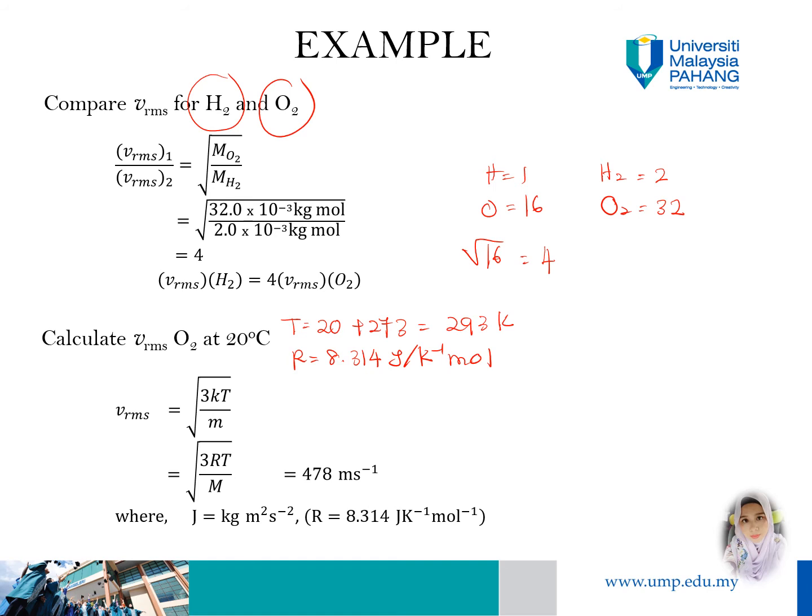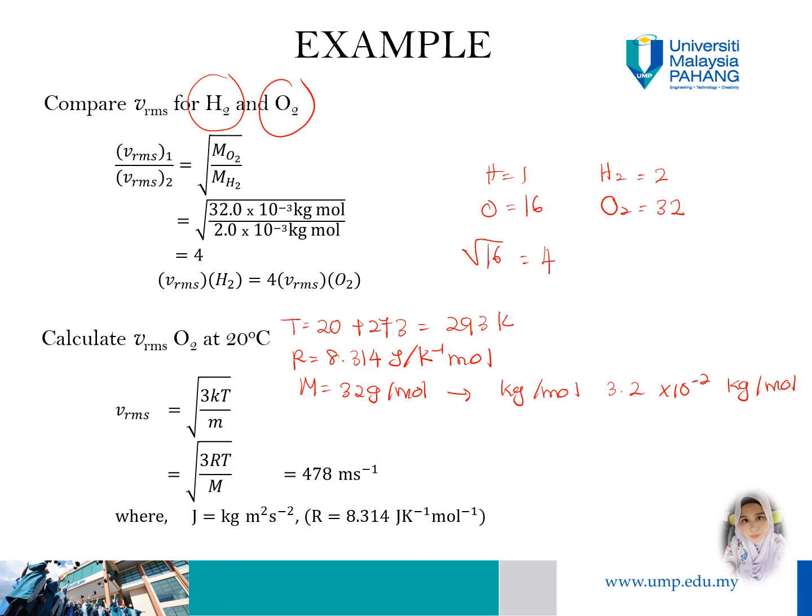The equation is the square root of 3RT over M, where M, the molar mass of oxygen, is equal to 32 grams per mole. So we need to convert to kilograms per mole, which is equal to 3.2 times 10 to the power negative 2 kilograms per mole.